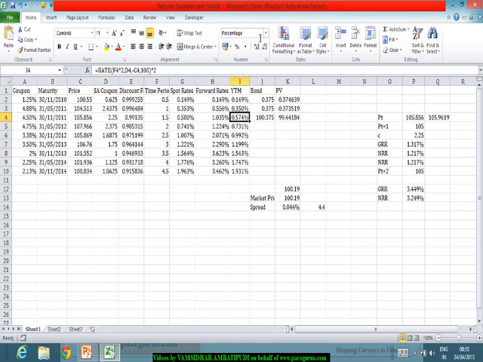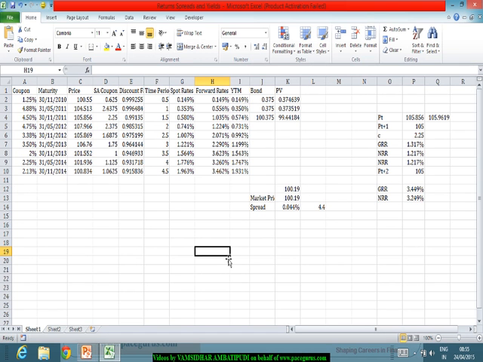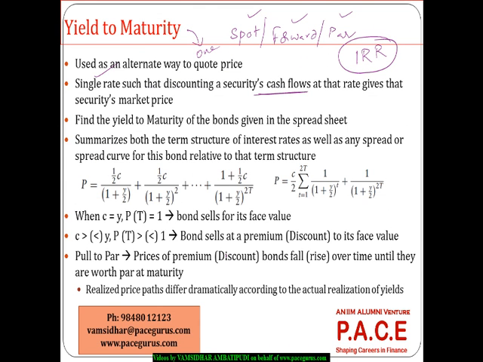So that's how we can find out the yield to maturity of the bonds from the price related data. From the given coupons and the price, we can find out the yield to maturity of the bond.